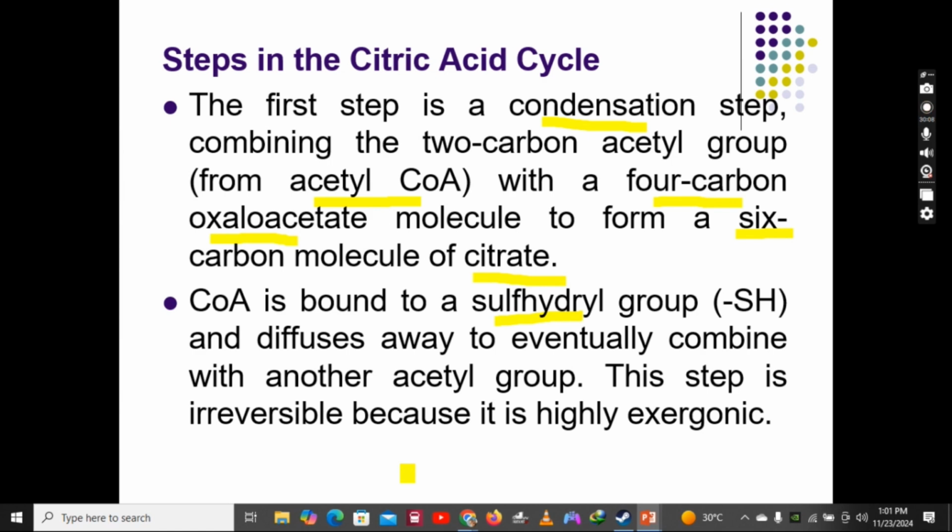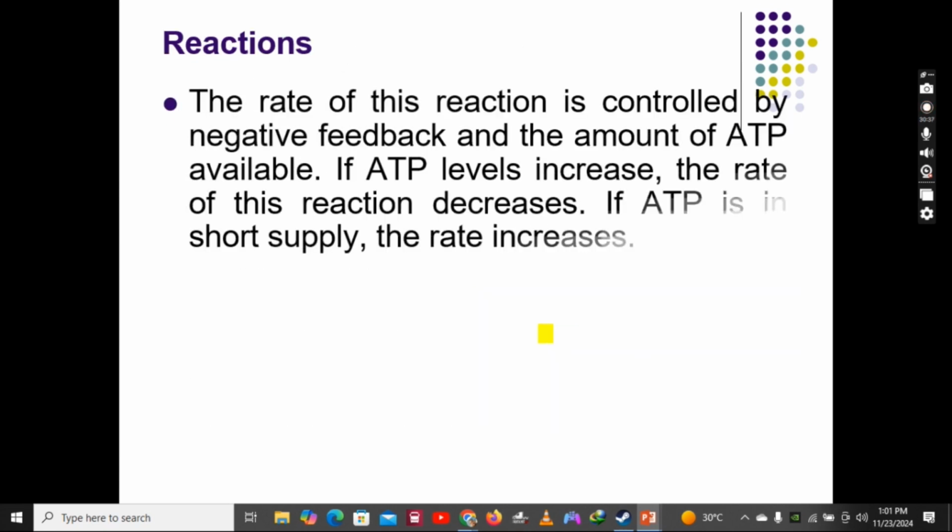It uses a lot of energy, but it can't on its own produce any energy, and it's called an exergonic reaction, and it's irreversible. It can't go back. That's the removal of the sulfhydryl group. It diffuses away from that molecule and it's gone just like that. And this is an irreversible reaction.